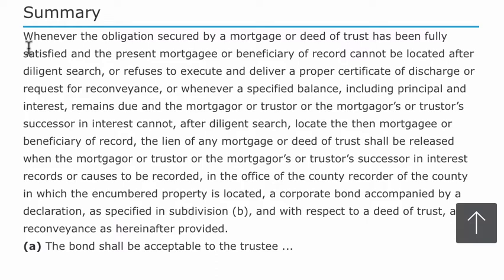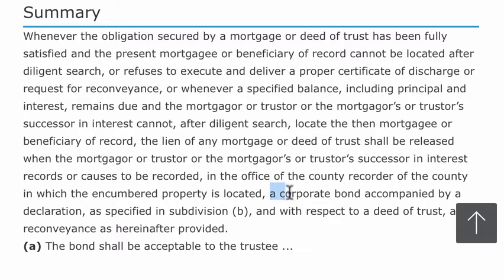Whenever the obligation secured by a mortgage or deed of trust has been fully satisfied and the present mortgagee or beneficiary of record cannot be located after a diligent search or refuses to execute and deliver a proper certificate of discharge or request for reconveyance, or whenever a specified balance including principal and interest remains due and the mortgagor or trustor, or the mortgagor's or trustor's successor in interest, cannot after diligent search locate the then mortgagee or beneficiary of record, the lien of any mortgage or deed of trust shall be released when the mortgagor or trustor, or the mortgagor's or trustor's successor in interest, records or causes to be recorded in the office of the county recorder of the county in which the encumbered property is located a corporate bond accompanied by a declaration as specified in Section B.